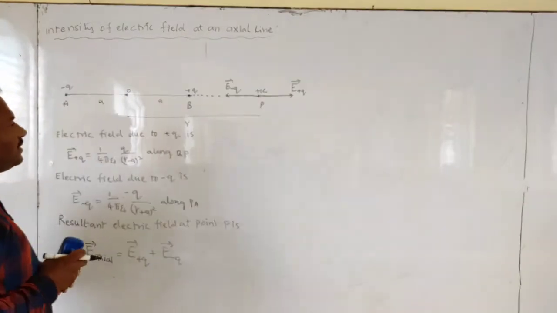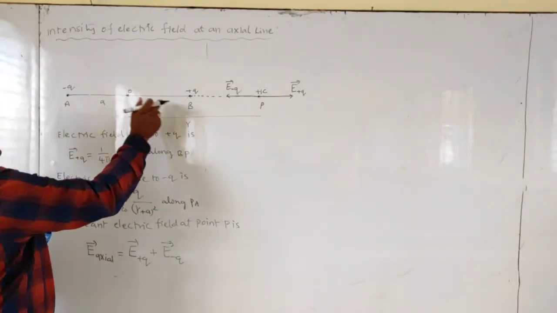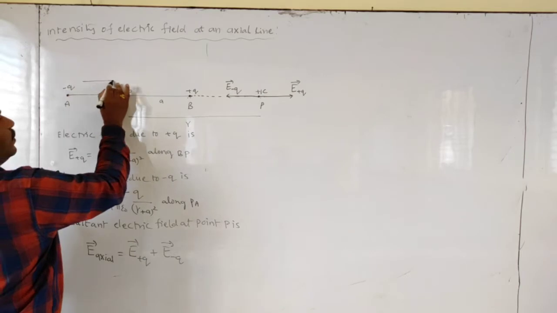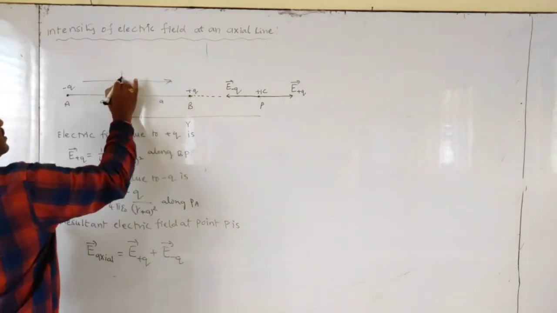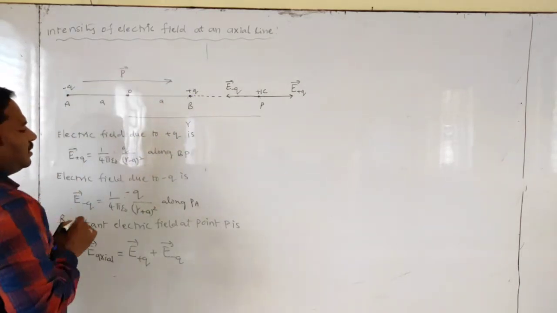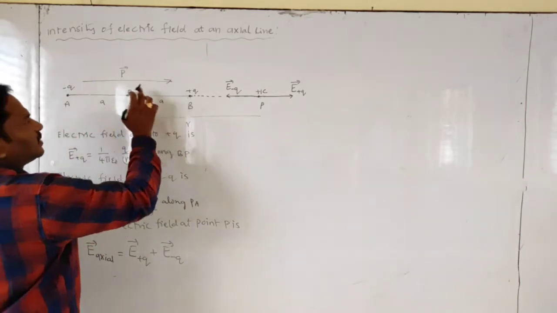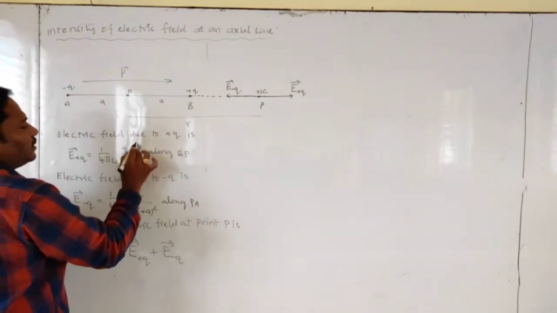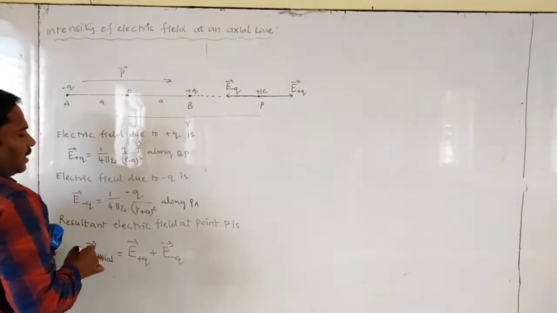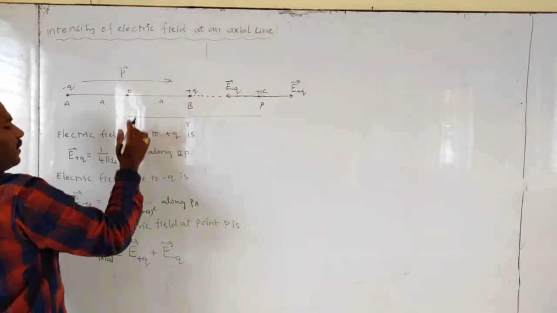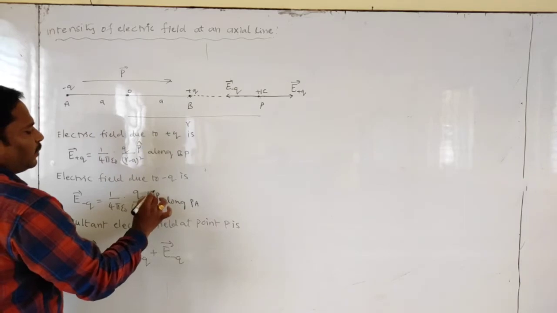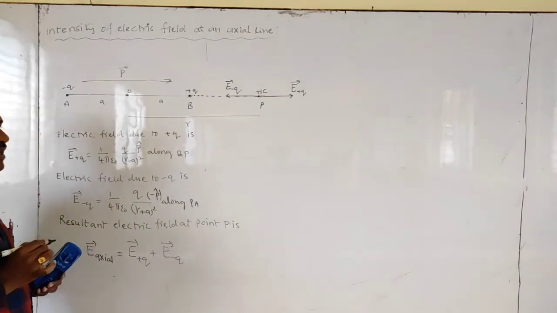And one more point: the dipole moment is from the minus charge to the plus charge. The electric field due to plus q is in the direction of the dipole moment, so p cap, and the one due to minus q is opposite to the dipole moment, so minus p cap.